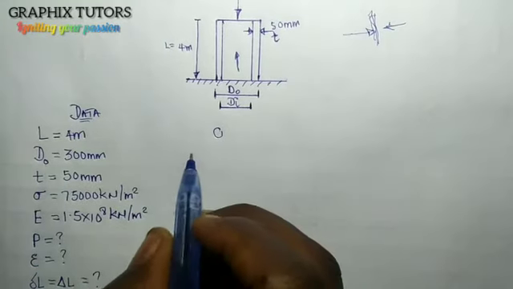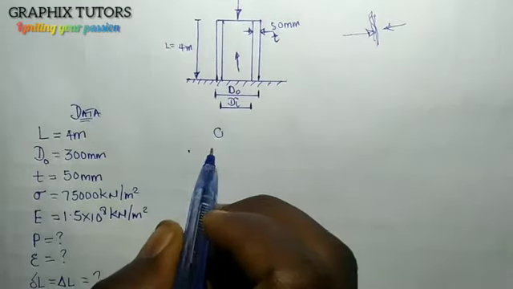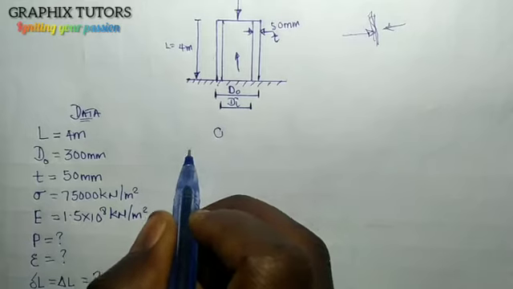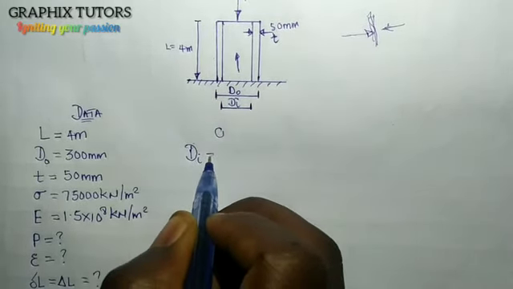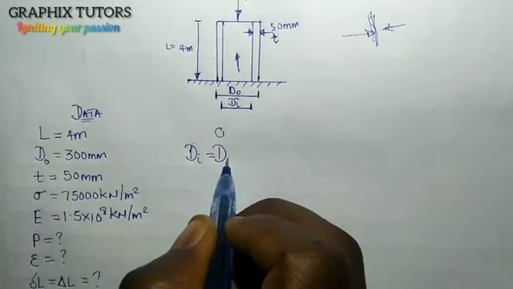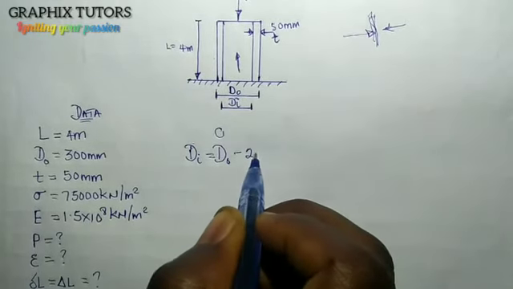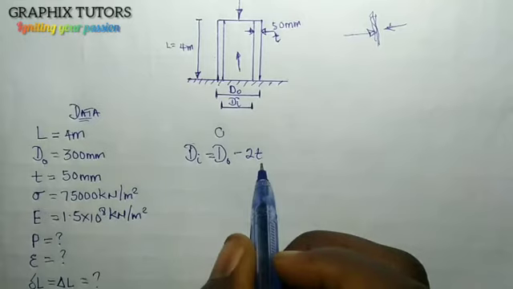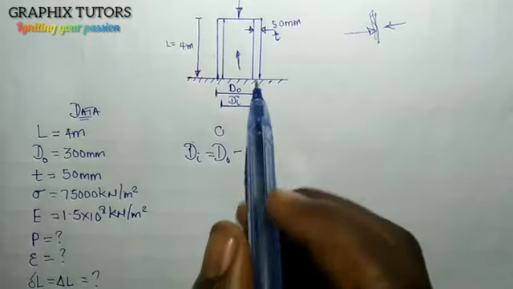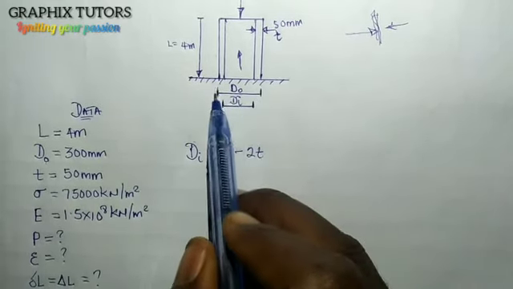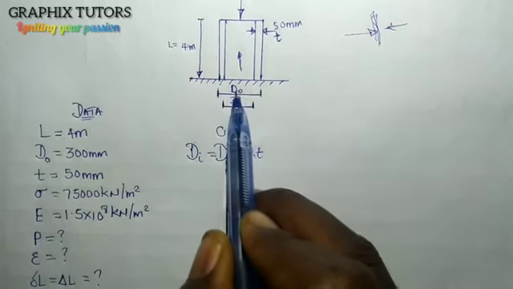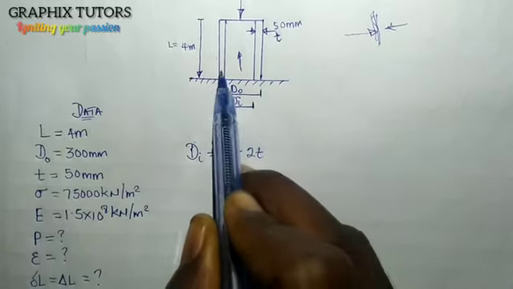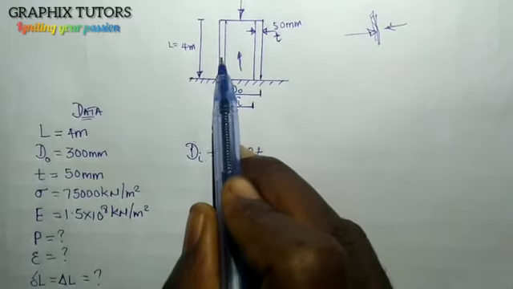Now from here, we know that my internal diameter di is equal to the outer diameter minus 2 thickness. If you're wondering how I got this 2 thickness, the internal diameter di is equal to the outer diameter do minus 2 thickness. This is thickness 1 here and 2 here.